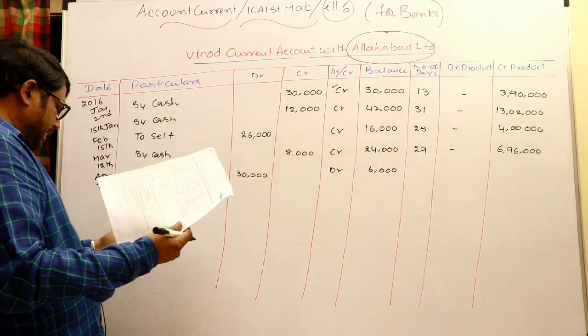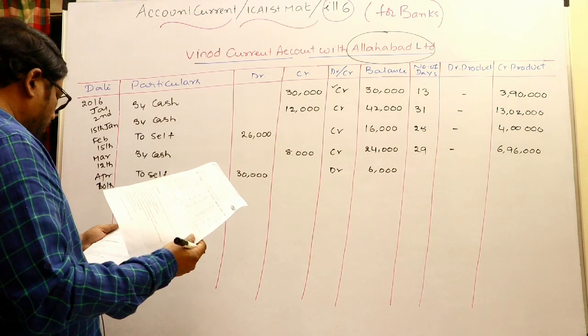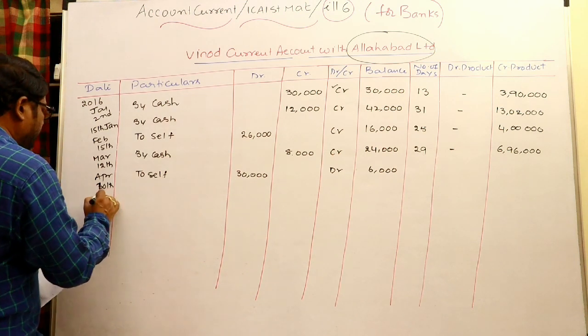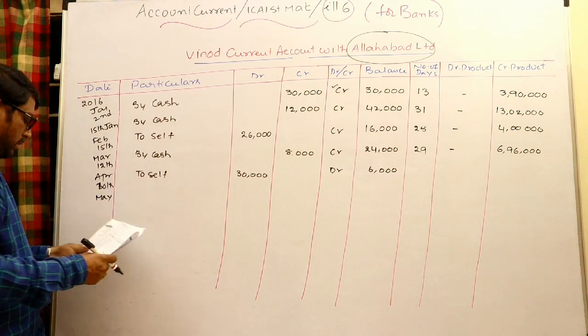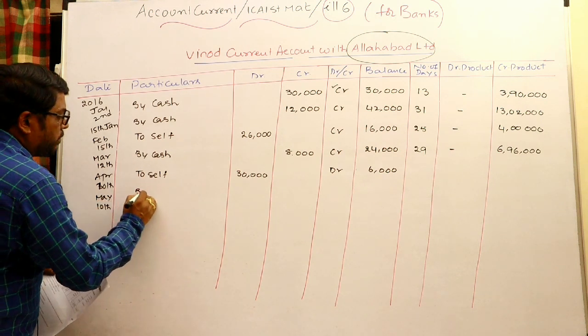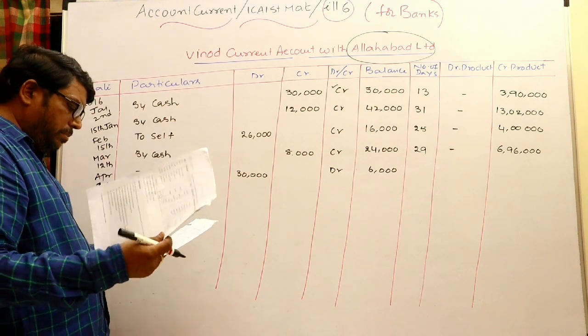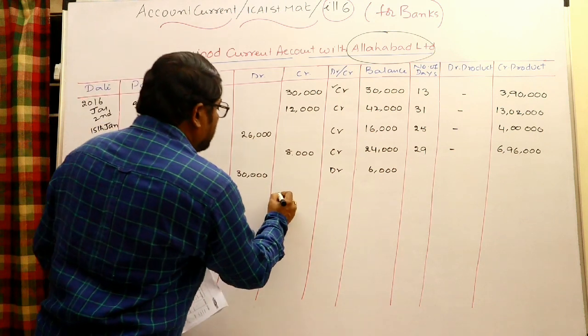Look at which date the next transaction took place. After April 10th, this is May 10th, deposit by cash. See how much deposit took place: 16,000 deposit, credit.